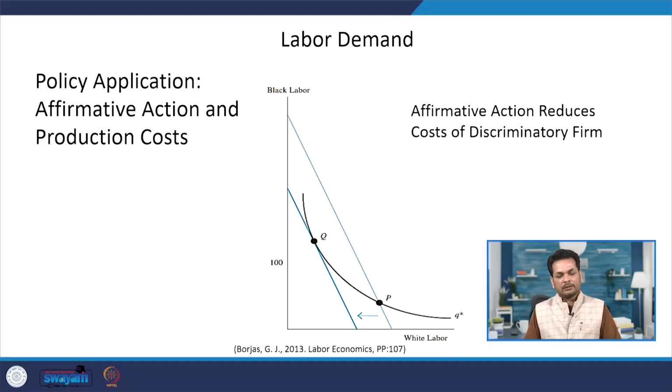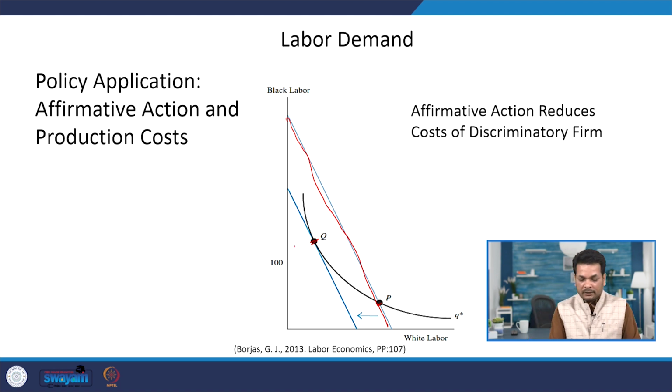So, when the farm is moving from point Q to point P, it is not going to operate on the same isocost. You can see when the farm moves from this point to this point, the isocost definitely is going to be higher than the previous one.